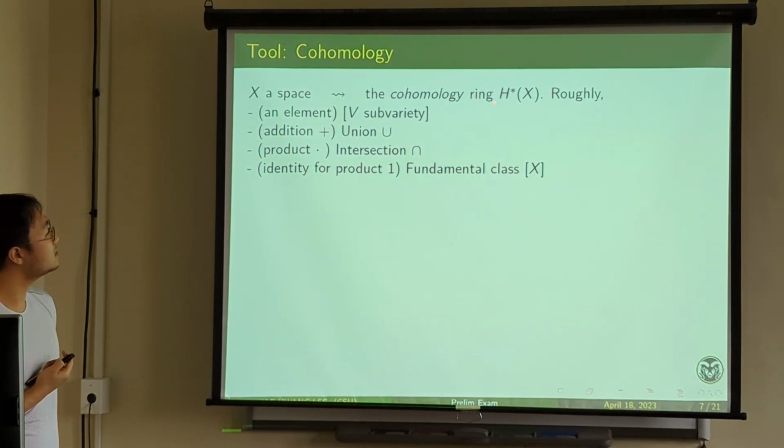This is a ring, so it has addition and multiplication. The addition is roughly taking the union, and the multiplication is taking the intersection. The identity for this multiplication is the fundamental class, because when you take the intersection with the fundamental class, you just get V back. So that's the cohomology ring.